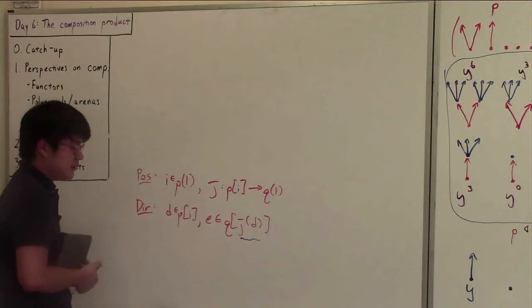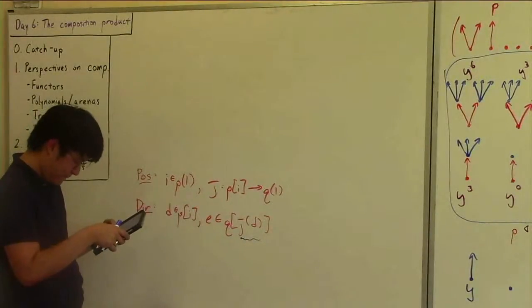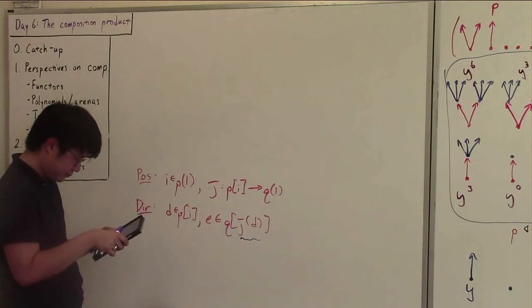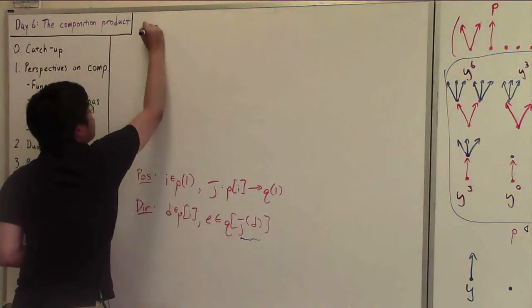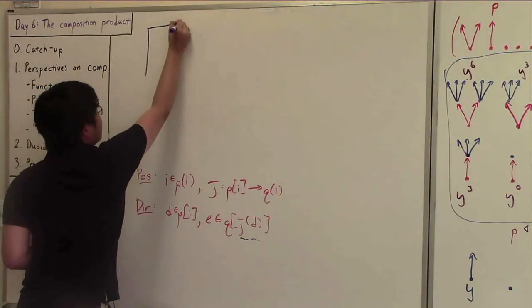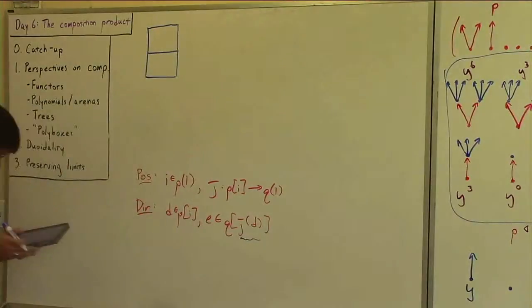Yeah, so we're going to represent our polynomials. I think we saw how we can represent our polynomials as this sort of domino kind of thing.